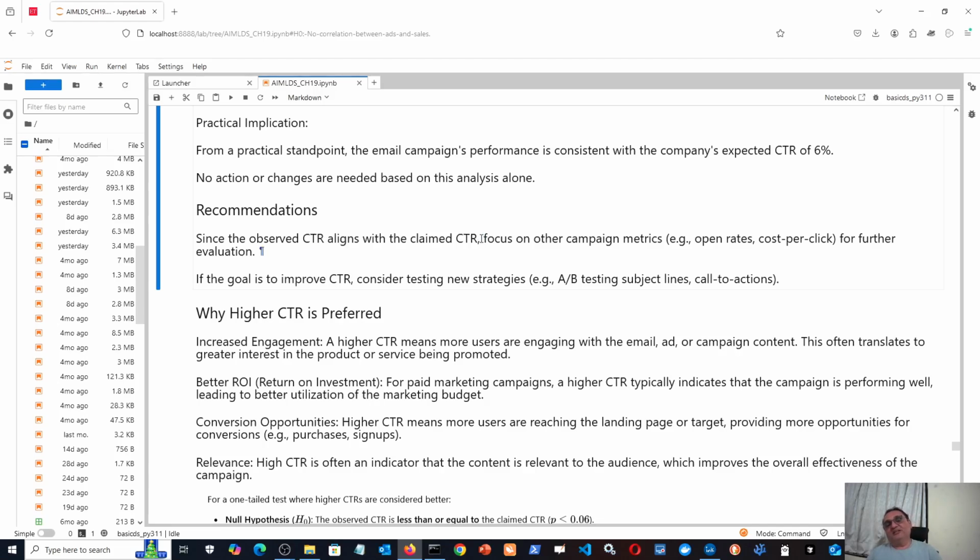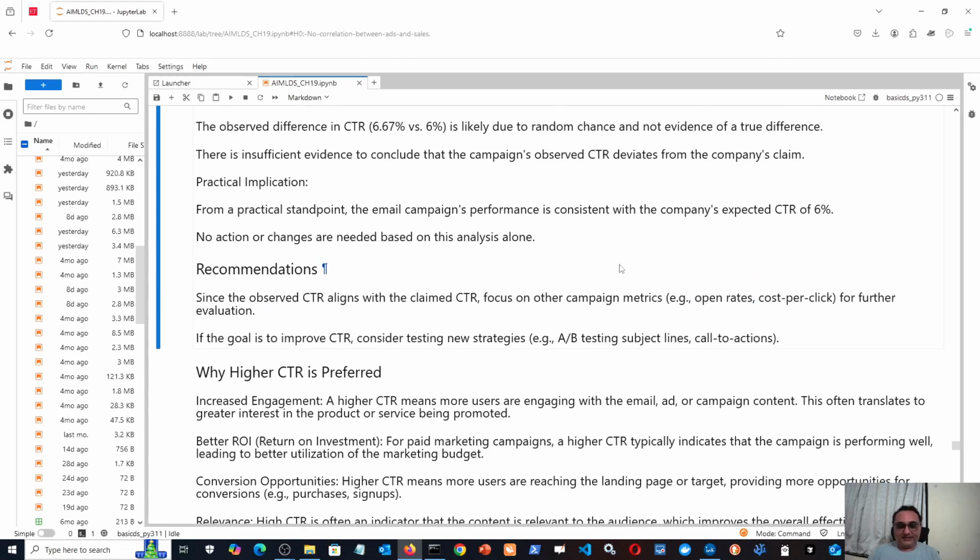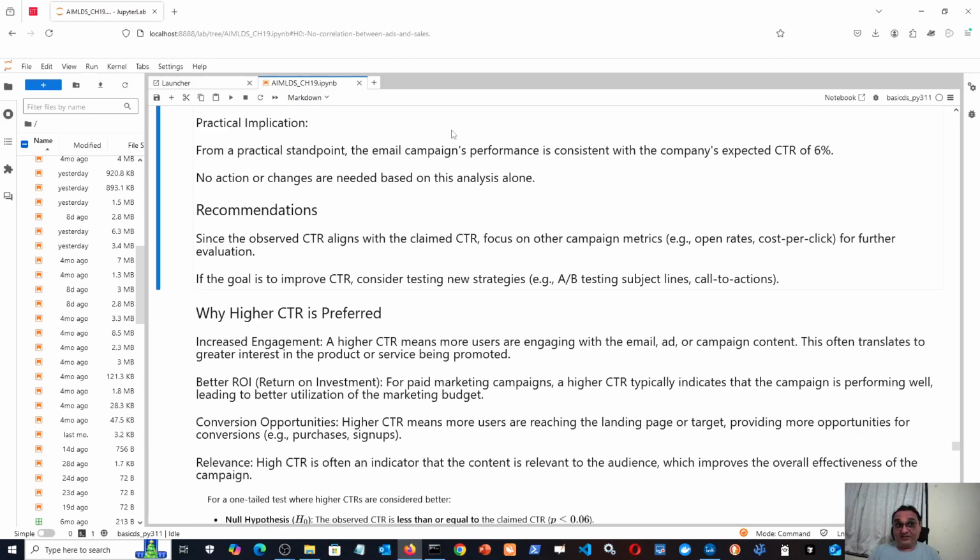But sometimes it is possible that the prospective customers are just clicking on the emails, but that is not being converted into purchase. Okay, so you can focus on other parameters like actual conversion or opening rate, or maybe cost of opening your email, because ultimately you are paying something to that marketing company. Out of every 100, 6 emails are open, but the company will charge for 100 emails.